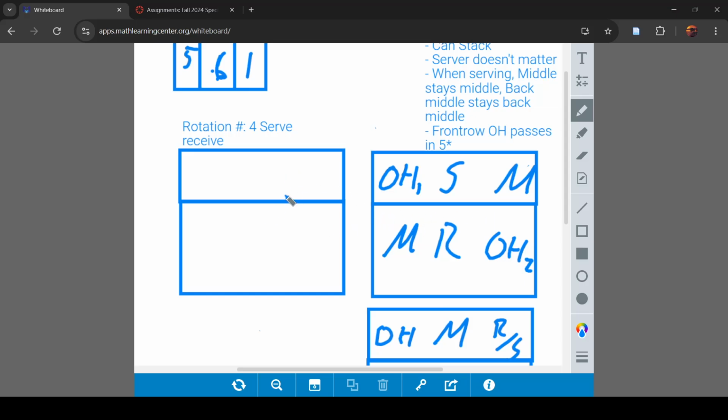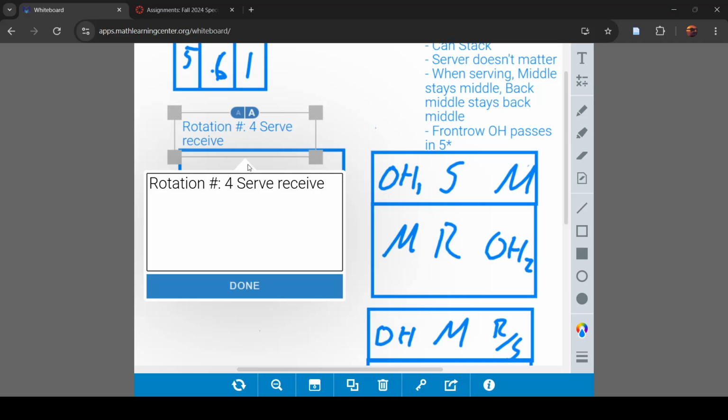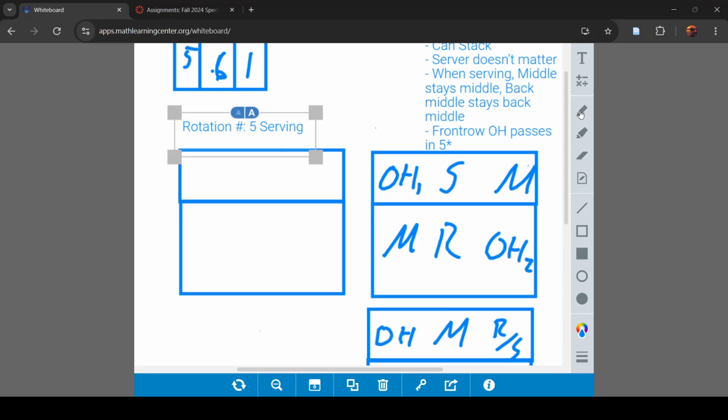Now, for rotation 5, serving. Now, when we're in rotation 5, we have outside serving, and when the person's serving, they don't matter for rotations.